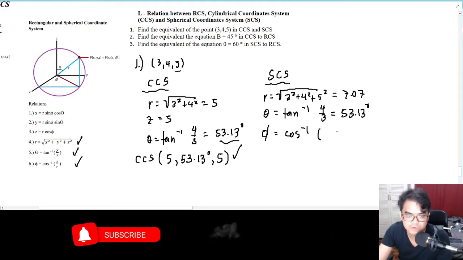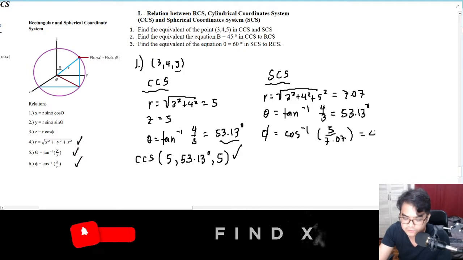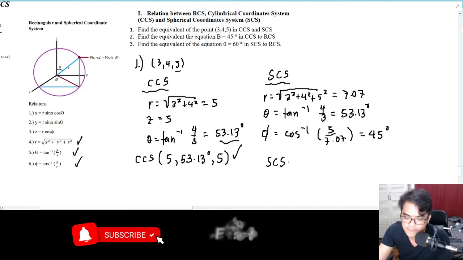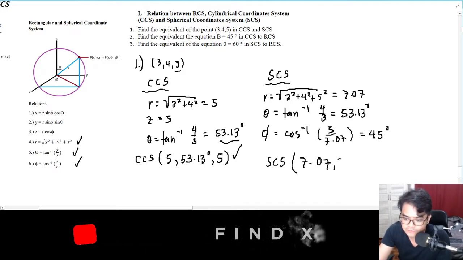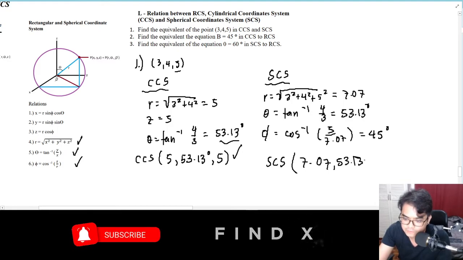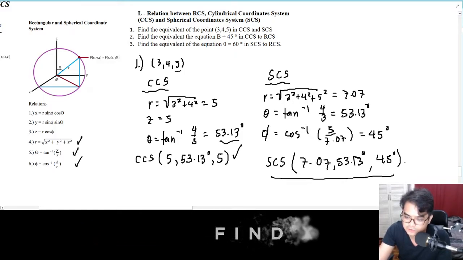Z is 5 and r is 7.07, so this is 45 degrees. Therefore, in spherical coordinates, it becomes 7.07, 53.13 for the theta, and 45 degrees for the phi. This is your answer.